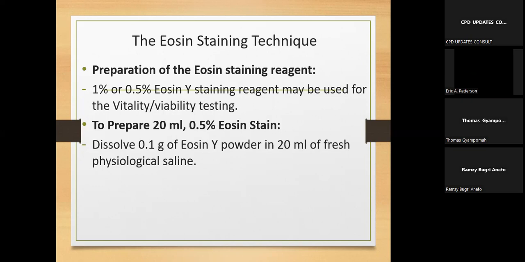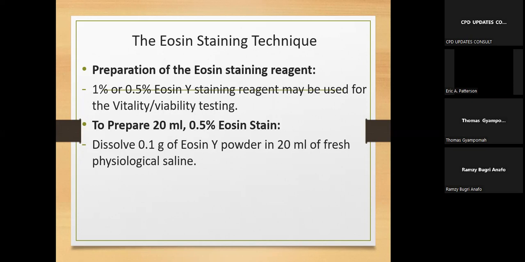If somebody gives you a small amount of eosin Y, you can prepare at least a small amount, because at the end of the day, for the procedure, you need just one drop of the reagent for the testing. So for 0.5%, how will you prepare it?